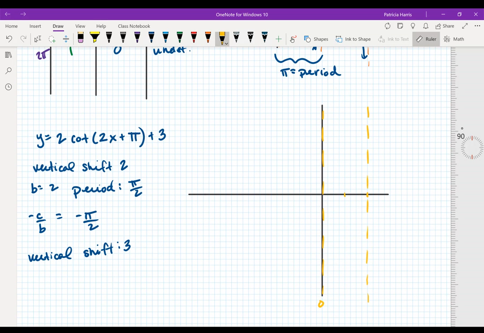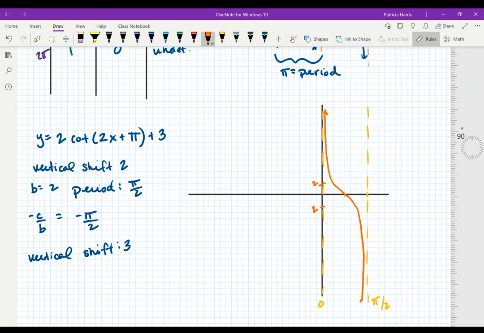So this is 0 and this is pi over 2. So my graph, now this is before any phase shifting, is going to look like that. Now let's see here. This is 2. This is 2. So now I have to phase everybody over pi over 2.